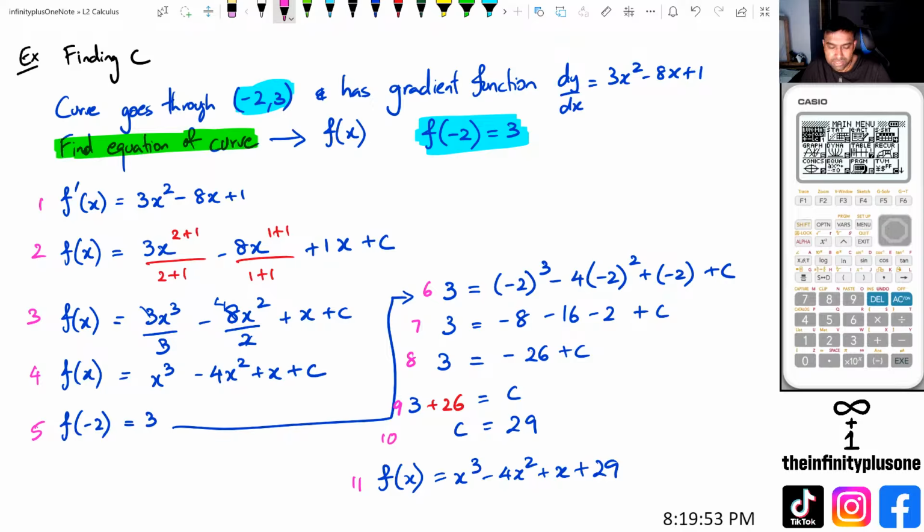Because all I've done there is I've just substituted f of negative 2 as 3 in here. That's what I do to try and figure out what the c value is. Now let me know if you're okay with this. If you're okay, I can put up another question. If you have some questions, feel free to ask.